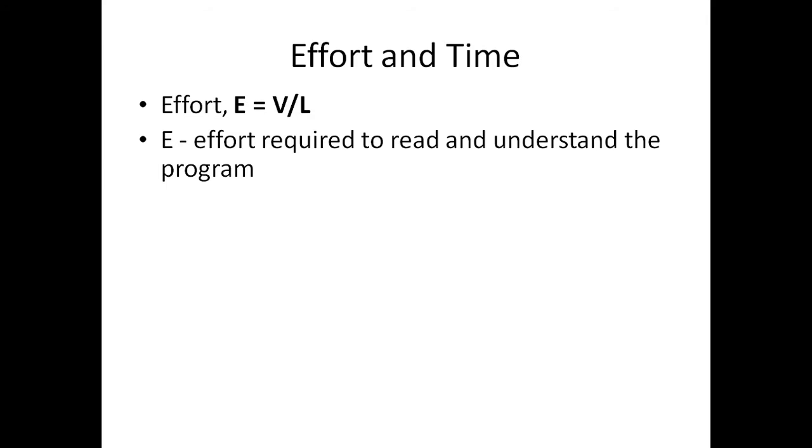Also, effort can be considered as the effort required to read and understand a particular program. How much effort we require to read and understand a particular program is the E value. So it is given by V by L.